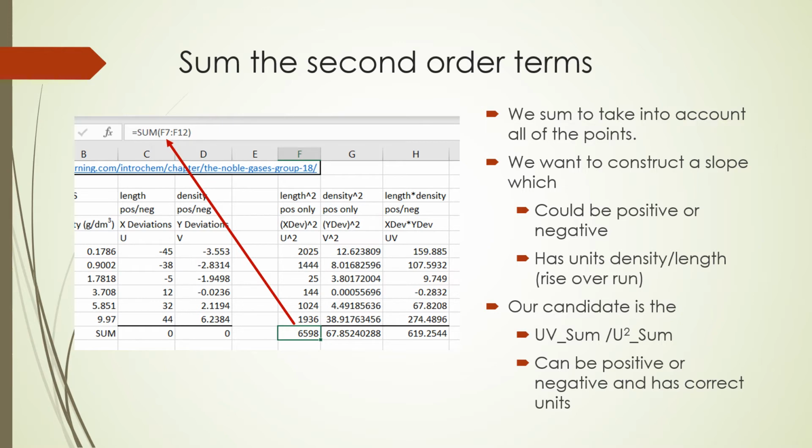The uv sum can be, strictly speaking, positive or negative, so that's a quality we want in our slope. And it's going to have the right units. The uv sum has length times density, but the u squared term in the denominator has length squared, and that gives us density over length. So it has the right units and can be positive or negative.